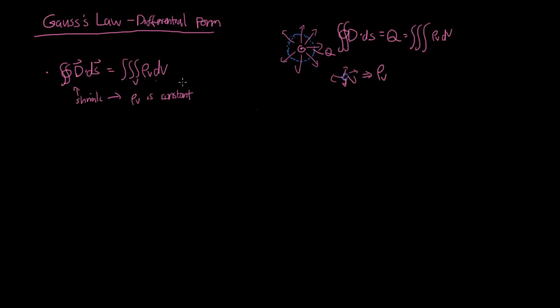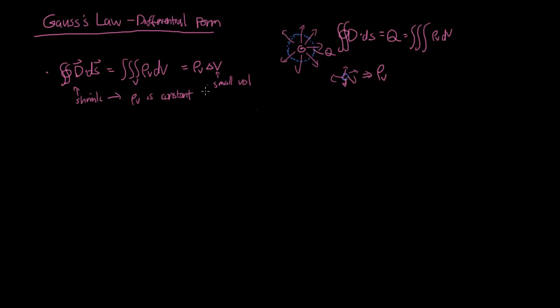But if we shrink this surface to be so small, we can get to the point where we assume that what's inside is constant. And so if we do that, we can pull this out and write it as rho v times delta v, where delta v is that infinitesimally small volume.